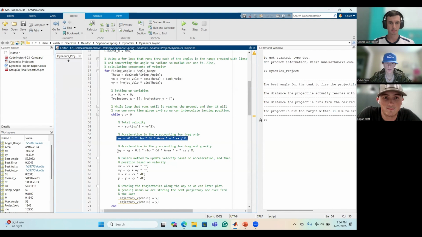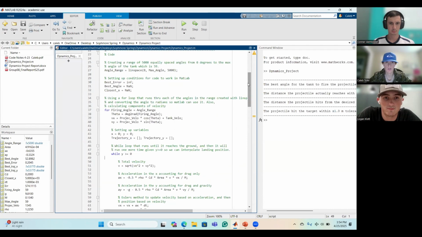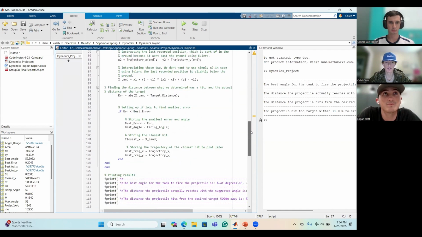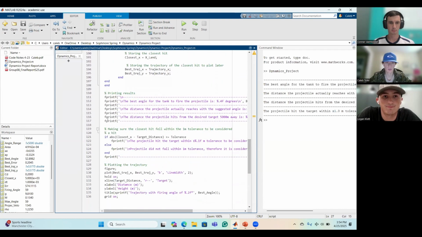These are our formulas for acceleration, and this is where Euler's comes into play. Initially, we created a range of 5,000 angles to check through, and then the code checks through those 5,000 angles, finds which one hits the closest, and prints that out down here.